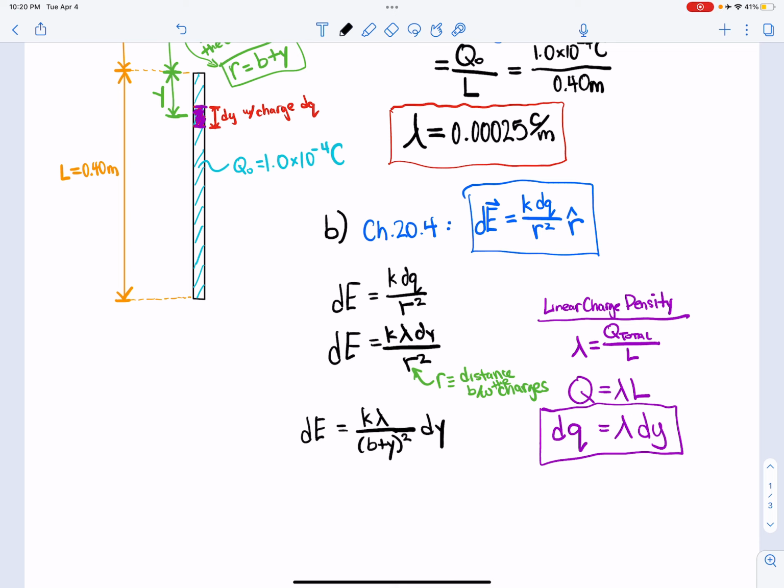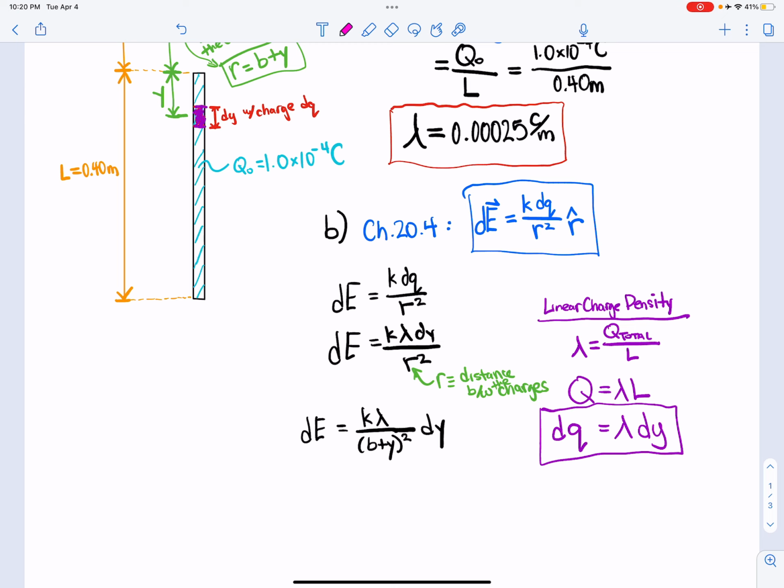And if I want to find the total electric field for this entire rod, I'm going to have to integrate with little dE's. So this little piece of dE plus this little piece of dE plus this little piece of dE, all the way until I reach the end, from the start to the end.